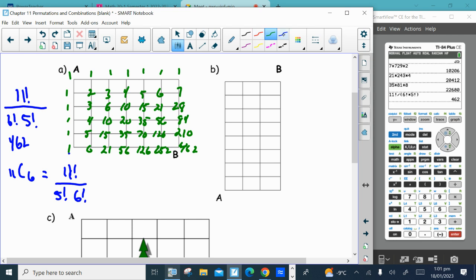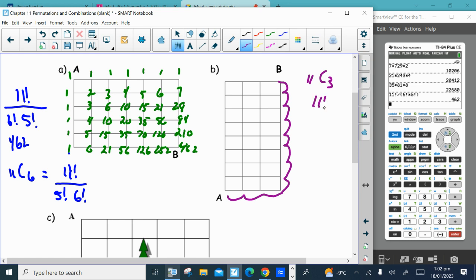So using, let's say, combinations, starting at A, you don't start counting until you move. There's 1, 2, 3, 4, 5, 6, 7, 8, 9, 10, 11. So that would be 11 choose 1, 2, 3 we could use. The 3 blocks that you can travel going south to north, because remember you don't start counting until you move.